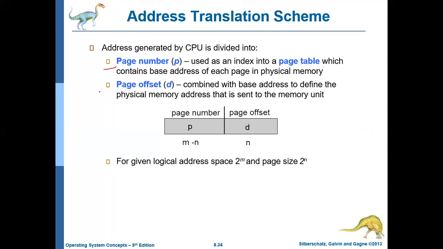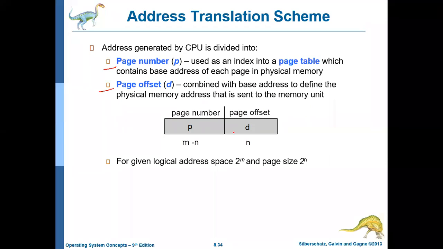Page number and page offset. Page number P and offset D. The page number is used as an index into the page table, which contains the base address of each page in physical memory. The offset is combined with the base address to define the physical memory address that is sent to the memory unit.